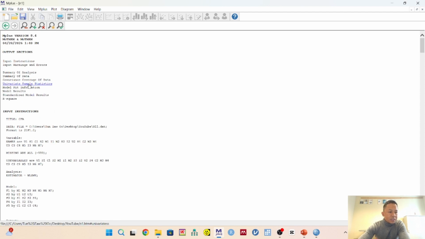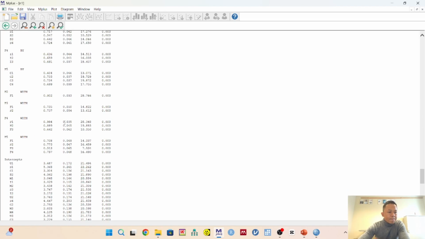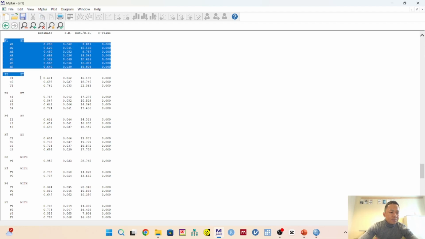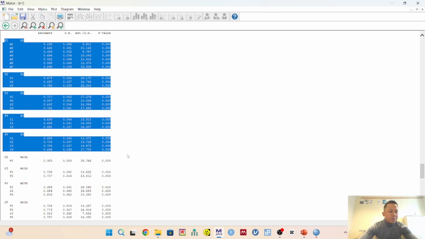Let us check the standardized model results. Here I want to look at some items, F1 by. These are the factor loadings. See, M1 has very low factor loadings, but it's still significant.